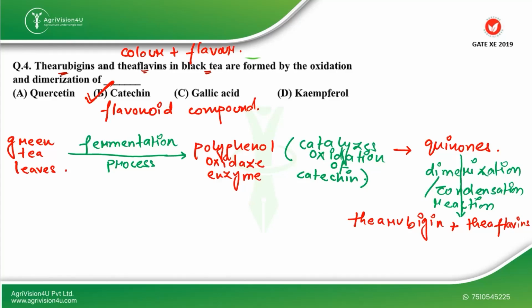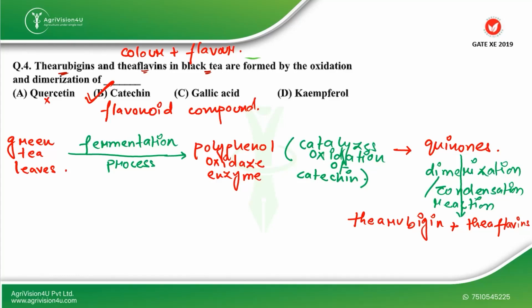Now option number A, that is quercetin. Quercetin is also a flavonoid compound, but it is not primarily the precursor of thearubigins and theaflavins in the black tea. So this will not be my correct option. Next, gallic acid.